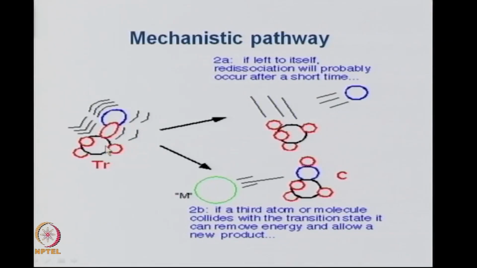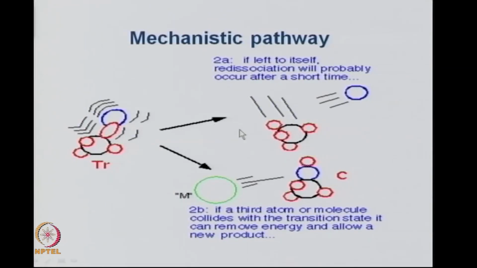Or, because this has some extra energy compared to A plus B, it can transfer its energy to some other molecule and the entire unit can remain as such, which is C. So, the third atom, which is M here, can collide with the transition state and take away this excess energy and give back this new product, which is C, a combination of A and B. Or the other simple way is it falls back to the original state of energy with A and B dissociated.